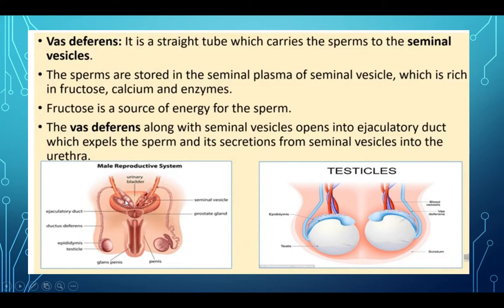So from the seminal vesicle, some secretions will be poured along with the sperms, and that moves outward through the ejaculatory duct and will be expelled. Expelled means pushed. That will move out from the seminal vesicle into the urethra. Right.